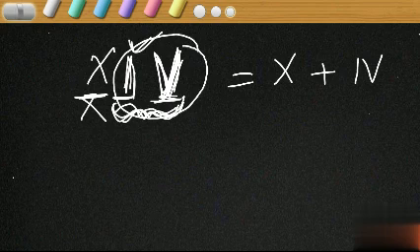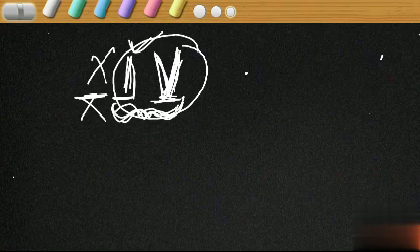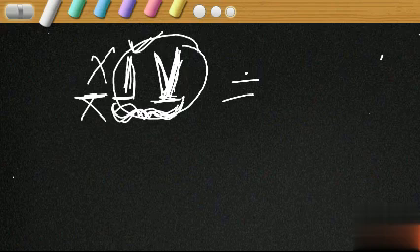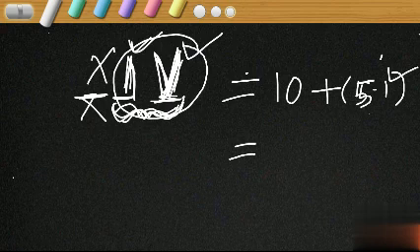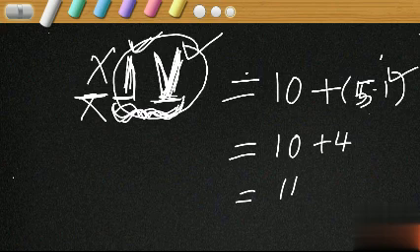X means 10. IV means 5 minus 1. We know it is 4, but still the rule is the middle numeral 1 has to be subtracted from the greater numeral on the right side. That means 5 minus 1, which is equal to 4. 10 plus 4 equal to 14. Have you understood? Let me explain once again.